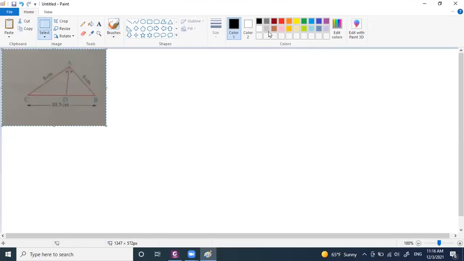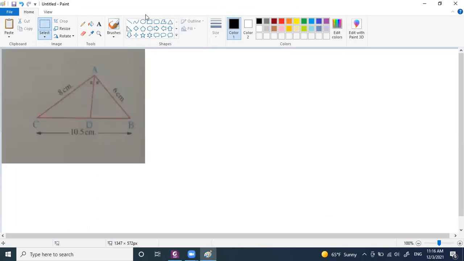As you see here, this is a triangle, and I have an angle bisector. This is the angle bisector. And the triangle, as you see, is triangle ABC.